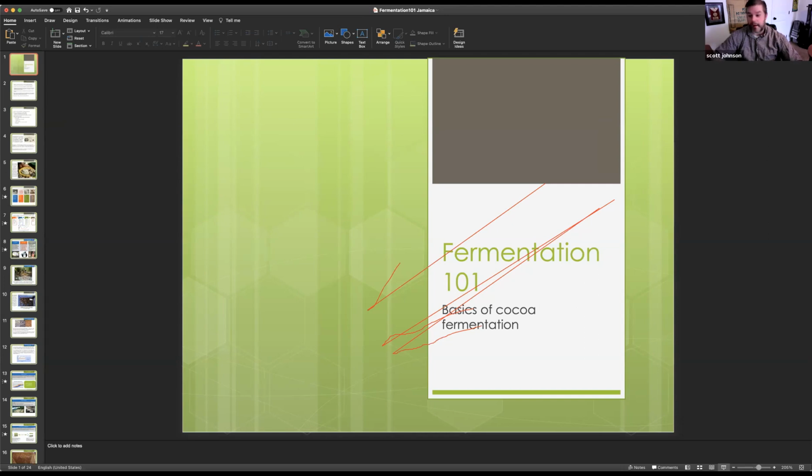Okay. So fermentation is the very first thing that has to happen in order to make the cocoa beans able to taste like chocolate. If we skip fermentation, it doesn't really matter what happens to your cocoa beans, but they will never, ever taste like chocolate unless we ferment. And it's also important to note that all of the yeasts and all of the bacteria that are required for fermentation to happen are already naturally present.